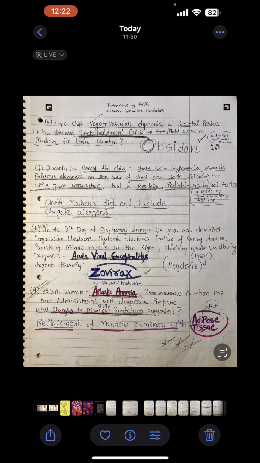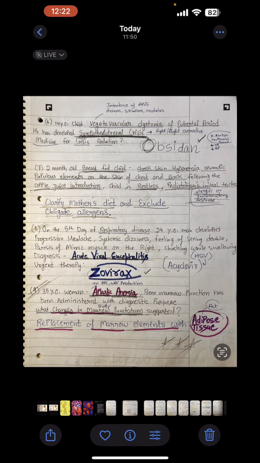Next patient is a 2-month-old breastfed child with cheek skin hyperemia and sporadic papular elements on the skin of the chest and back, following the introduction of apple juice. The child is restless. Such a child is allergic to some allergen.